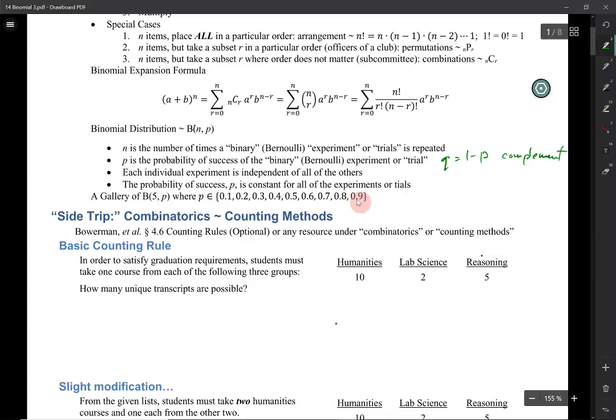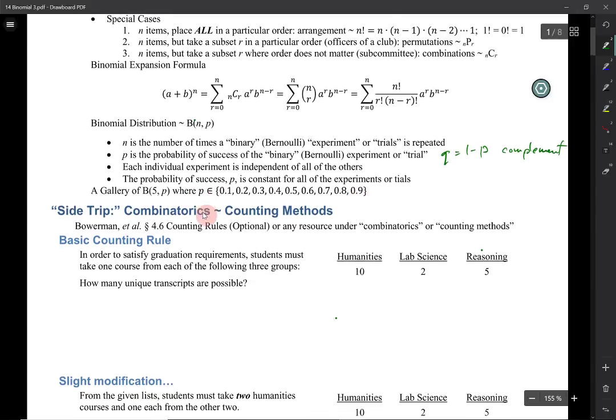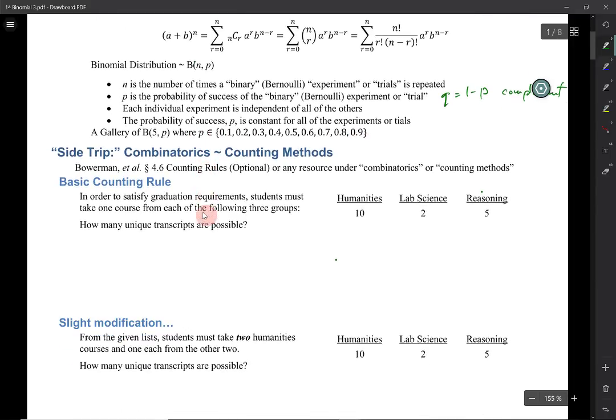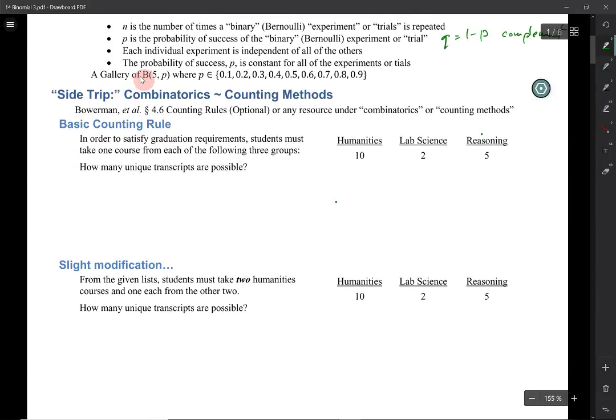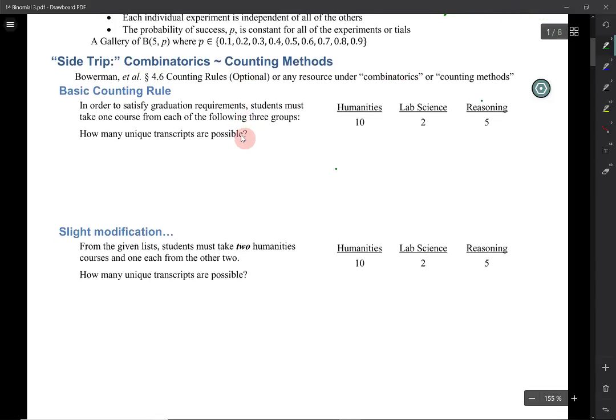So we'll look at a gallery of one of the subfamilies of this larger family of the binomial distribution. Some of the material is here under the text, but it's really a standard treatment, right?